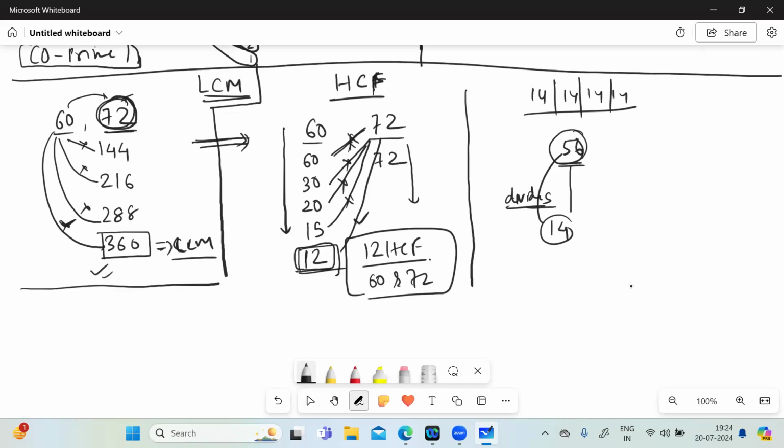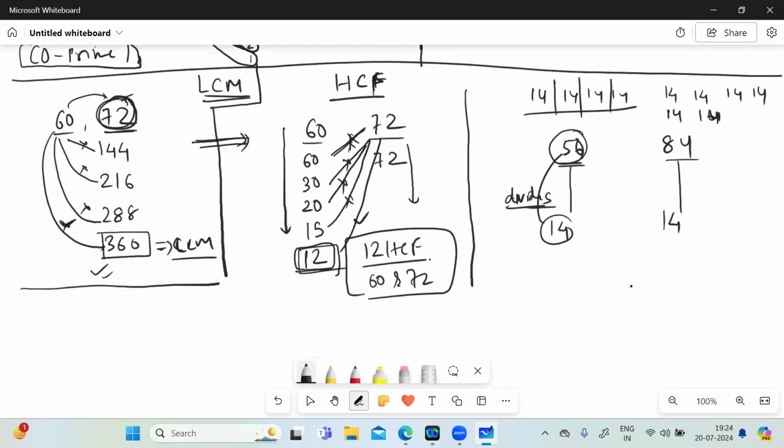Similarly, 84 also gets divided by 14. That means we can make integer sets of 14 in 84 also. So I know there are 6 sets of 14 in 84. That's why a number divides any number.